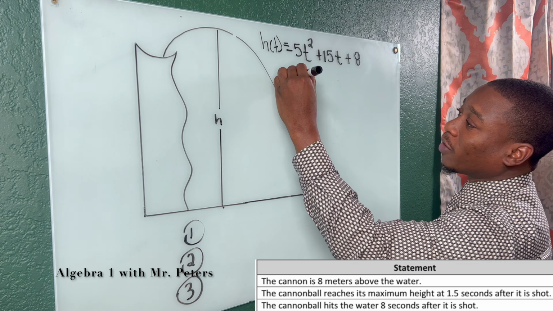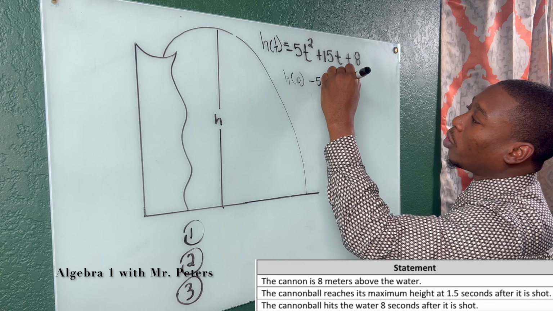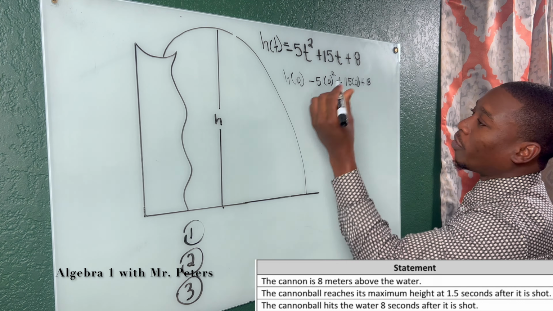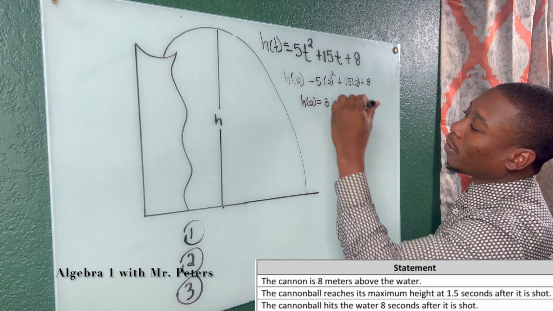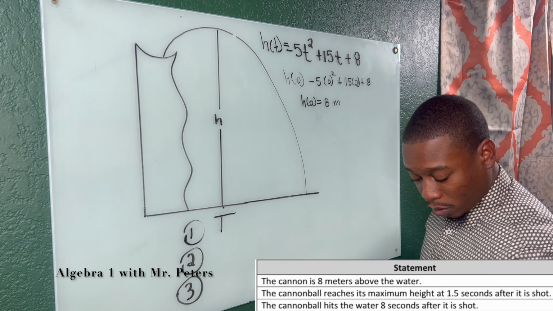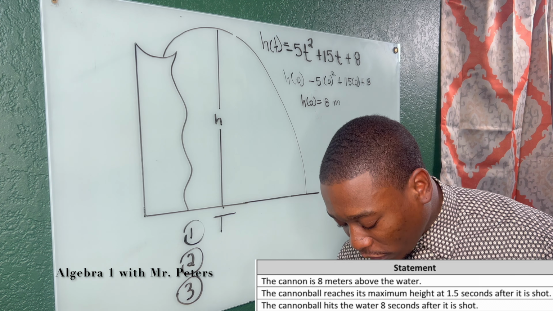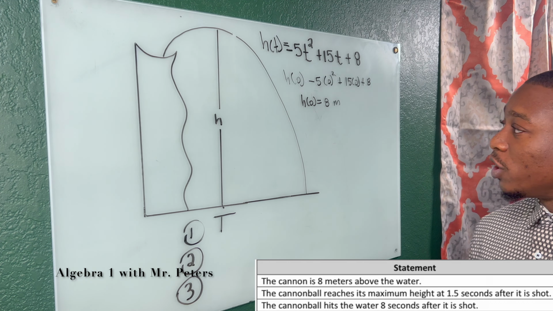So all you guys have to do is plug in 0. And once we do, we're going to notice that at 0 seconds, the height of the cannonball is going to be 8 meters. So question number one would be true. Now, when we go to question number two, it says the cannonball reaches its maximum height at 1.5 seconds after it is shot.